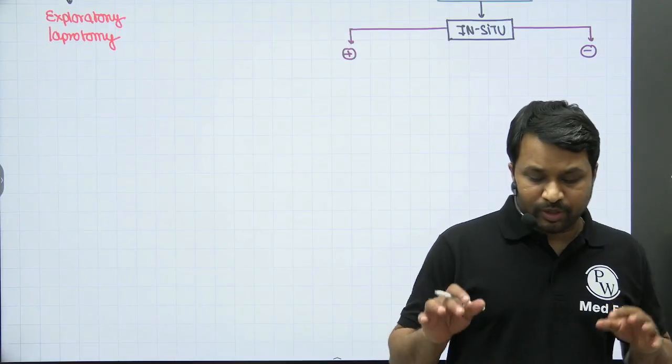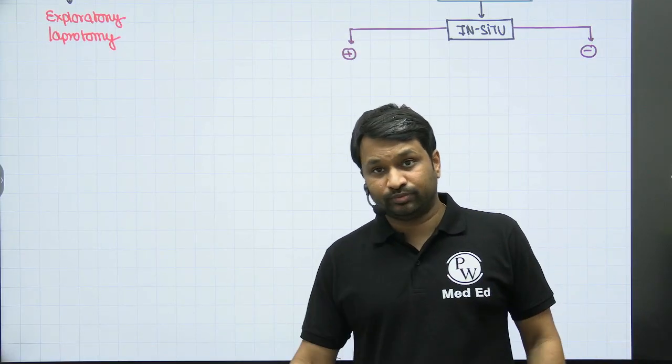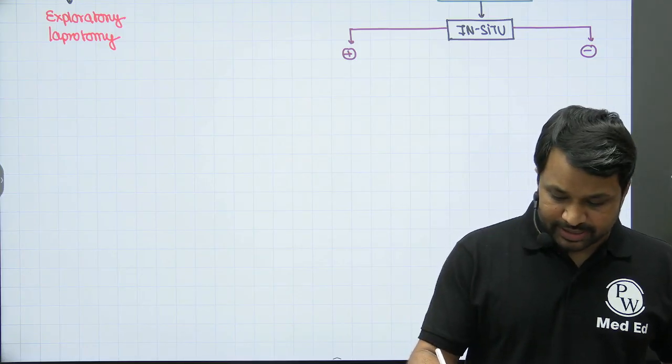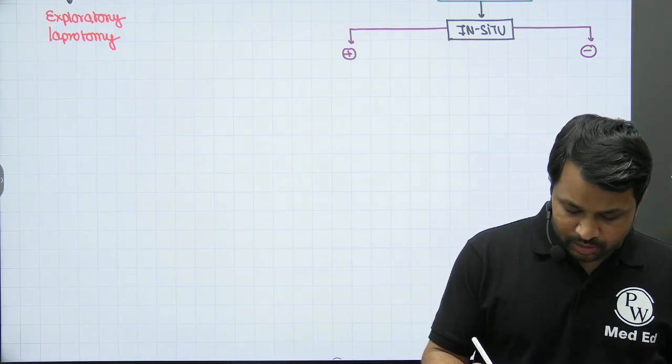Now, if the weapon of stab is in situ, you will see whether the patient is hemodynamically stable or unstable.